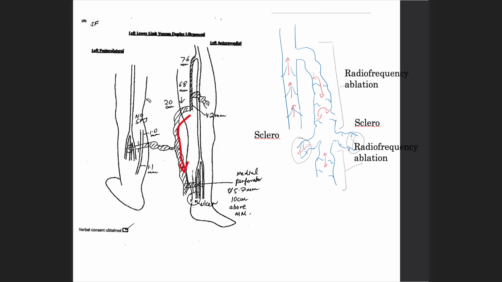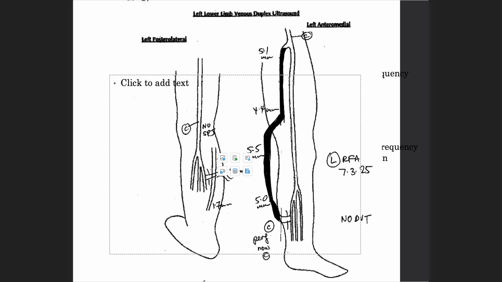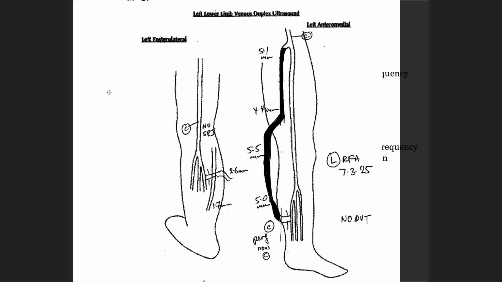So this patient, as you can see from this diagram, for this main vein had radiofrequency ablation, and then it came back at a second stage for sclerotherapy. And we see in this post-operative ultrasound that everything seems to have been quite well treated, where we have nice closure indicated by the black line of that bad refluxing vein.